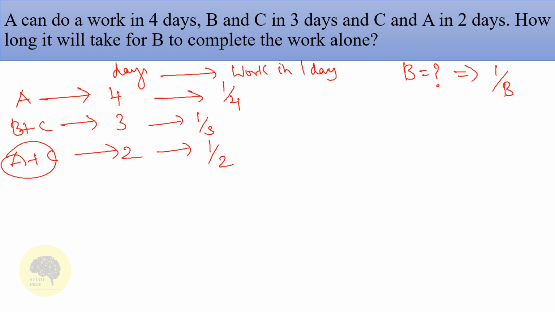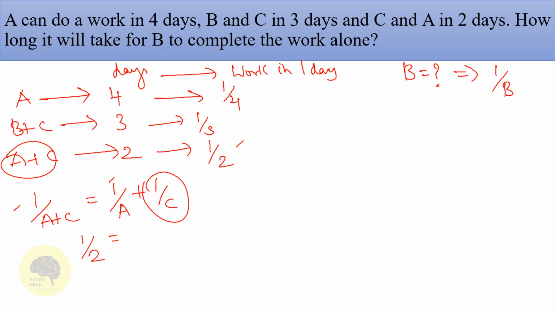First, take this equation. Work done by A and C together in 1 day is equal to work done by A in 1 day plus work done by C in 1 day. We know this and we know this. We have to find out this. Work done by A and C together in 1 day is 1 by 2.